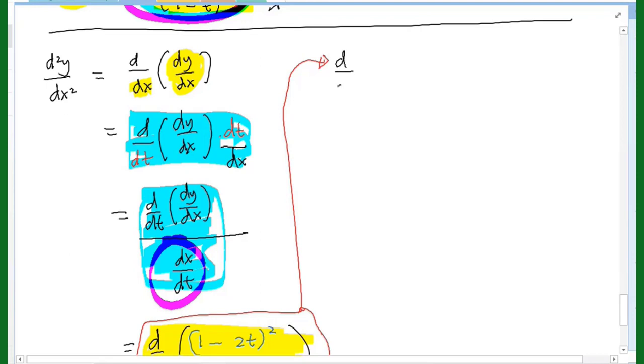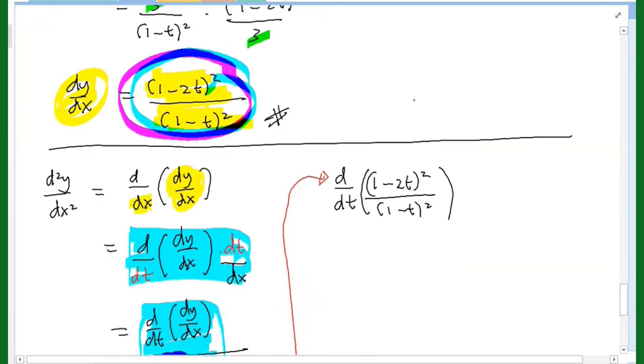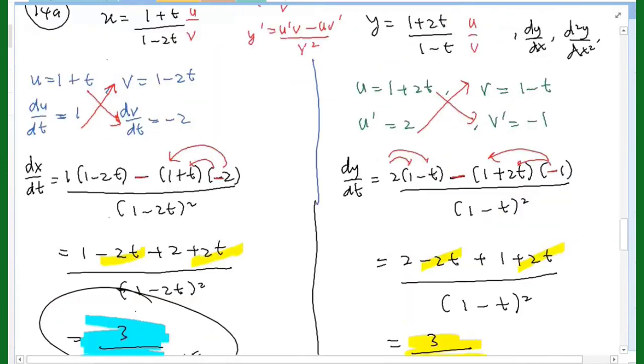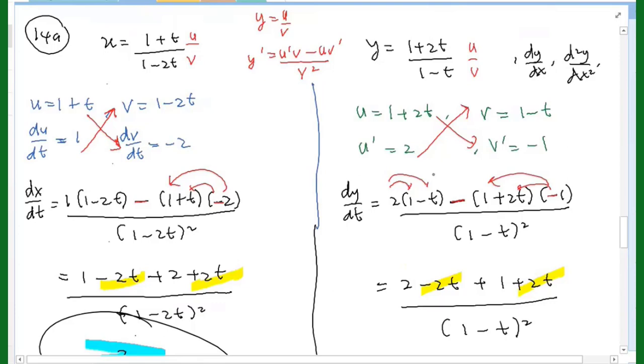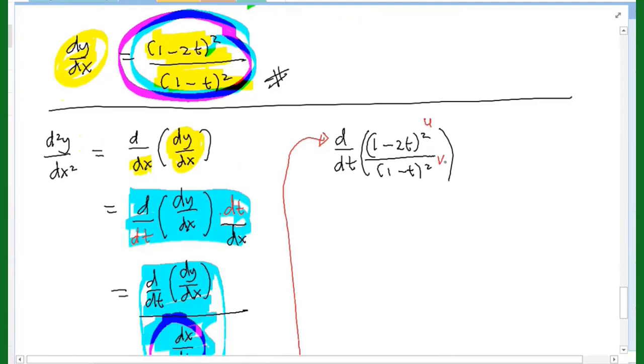So d dt of 1 minus 2t squared over 1 minus t squared. Okay, so next we apply quotient rule, because of u over v. This one has quotient three times. We need to apply the quotient rule.